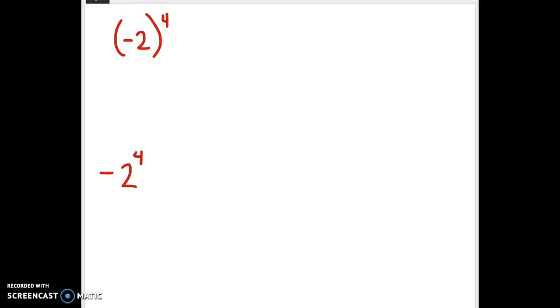Totally separate things here. This first way, when it's in parentheses, what that's saying is you're actually going to take this number in parentheses and multiply that out 4 times. So negative 2 times negative 2 times negative 2 times negative 2.